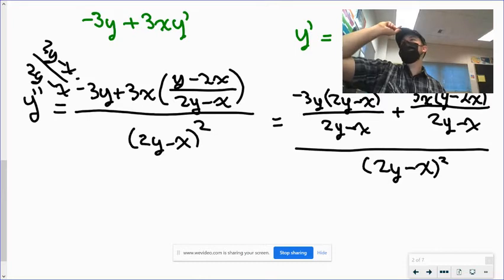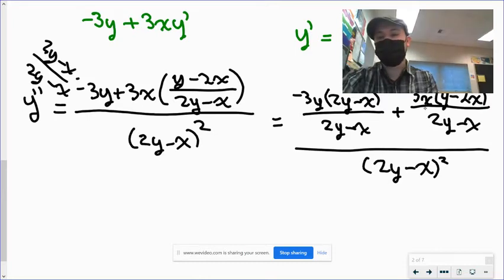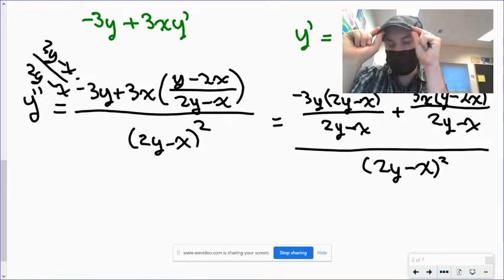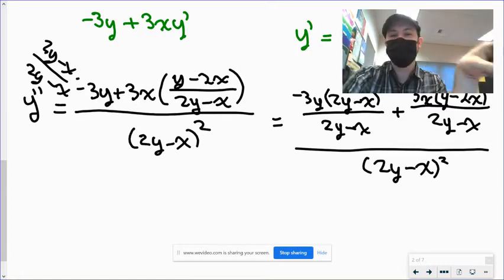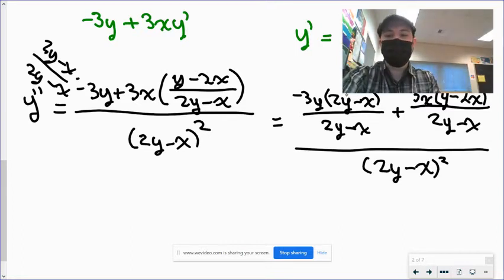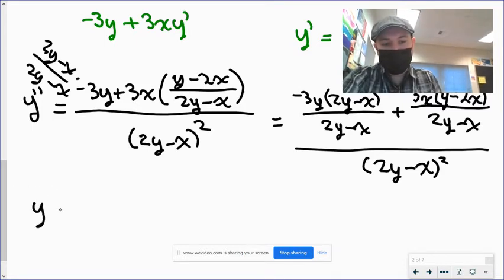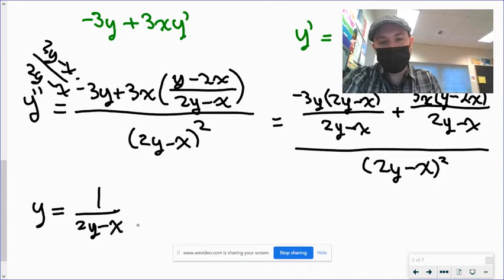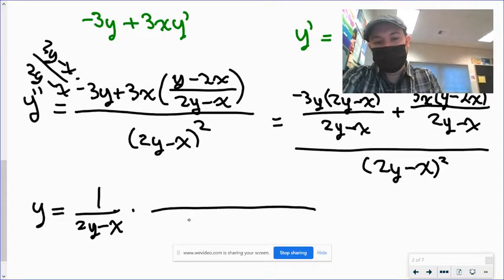So you can see here that in my numerators, I have 2y minus x and I have 2y minus x in the respective denominators. So I can factor that out, and what that does is it creates this. I can put 2y minus x in front of this whole thing, and I get my denominator down there, 2y minus x cubed, squared. So you can see what will happen in the next line.